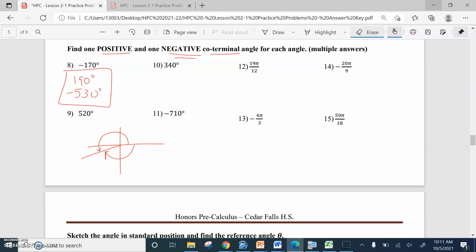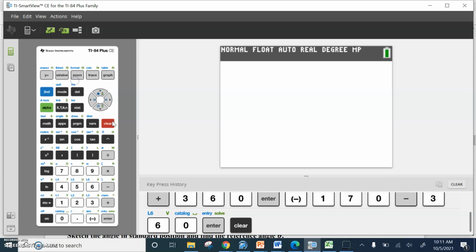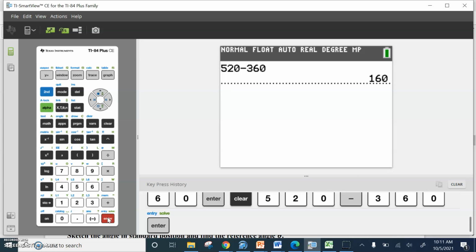If we look at question 9, it will be not different, but we can't just simply take 520. So here we take 520 minus 360. Well, last time we took a minus 360 and we had a negative number.